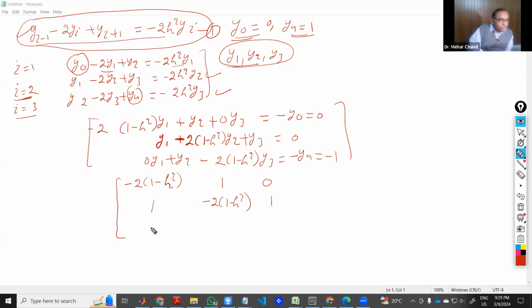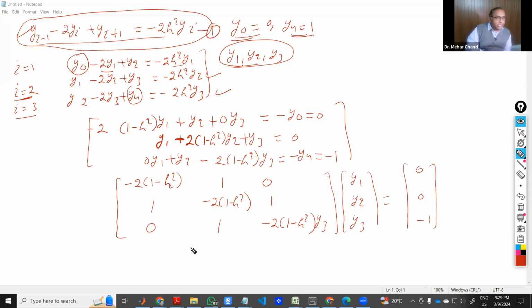From the third equation, the coefficient of y1 is 0, that of y2 is 1, and that of y3 is -2(1 - h²). Multiplied by y1, y2, y3, this equals 0, 0, -1. This is the A matrix, and this is B.